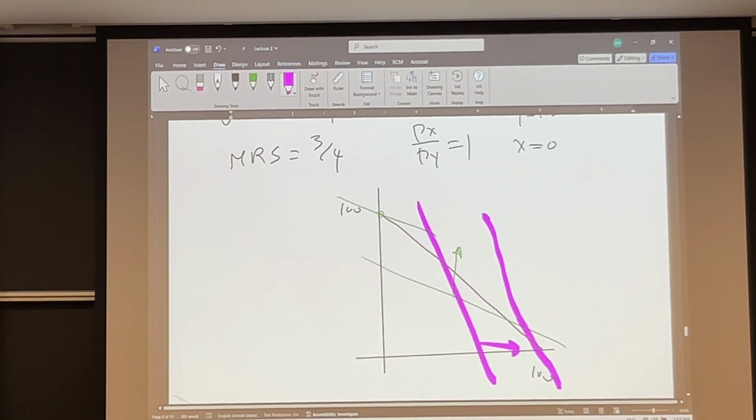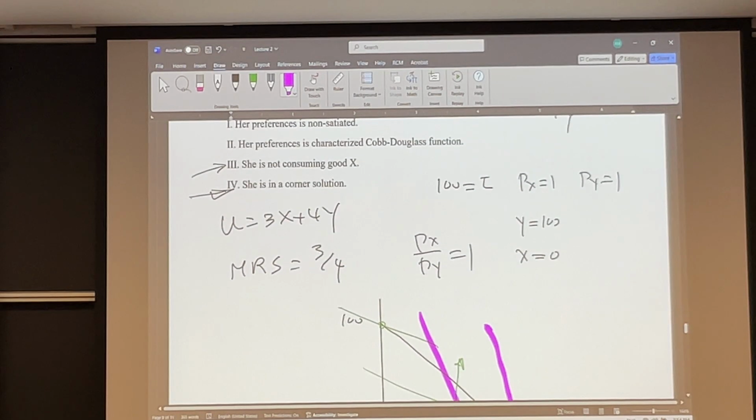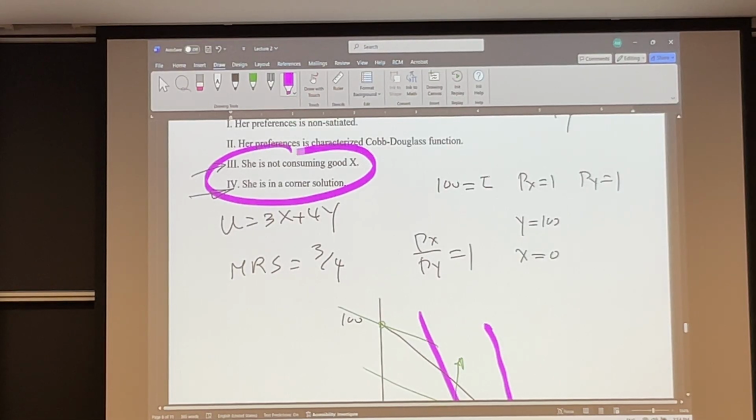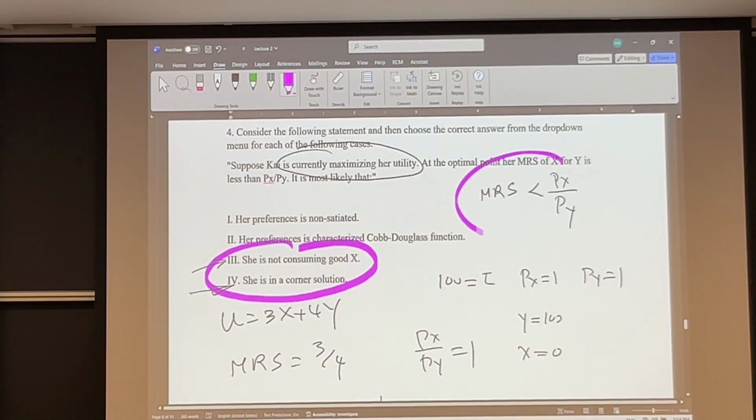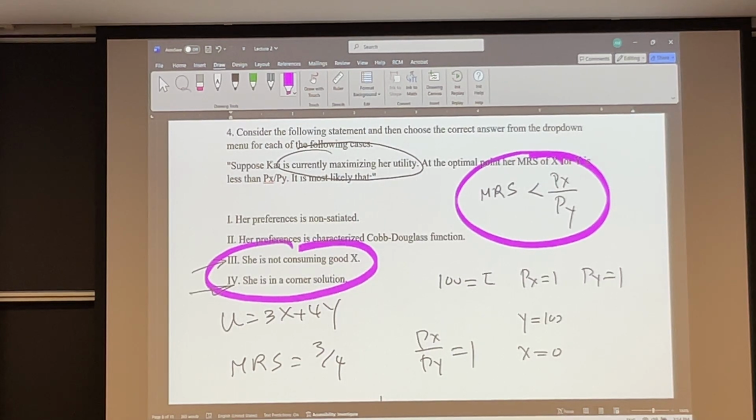If tangency is not possible, check MRS and compare it with the relative price: less, you arrive at Y; more, you arrive at X. Anyway, that is this individual, because the question says MRS is less. But no matter what, perfect substitutes always give you a corner solution.